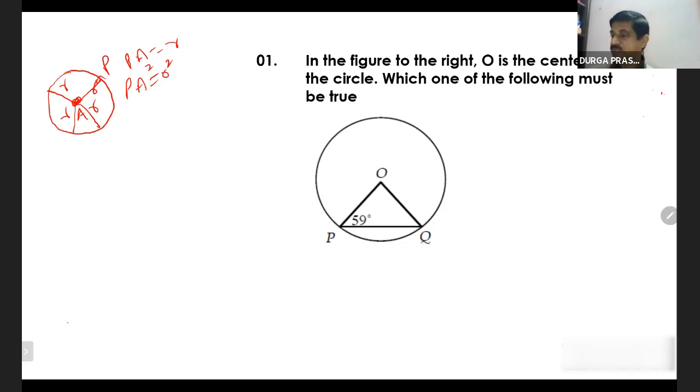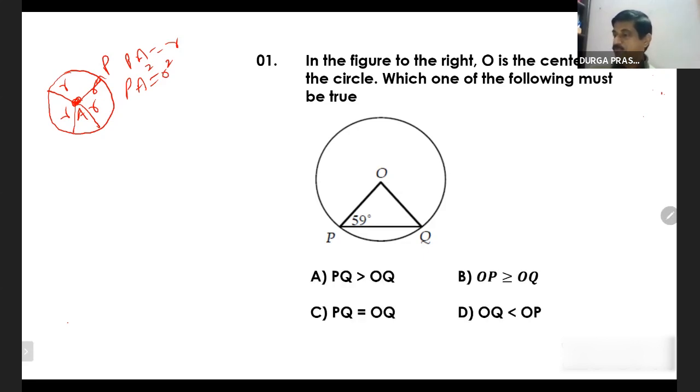Which one of the following must be true, he says. PQ is greater than OQ, and OP is greater than or equal to OQ. So it is only equal to OQ but not greater than OQ. So PQ is equal to OQ, that we have to decide, and OQ is less than OP.